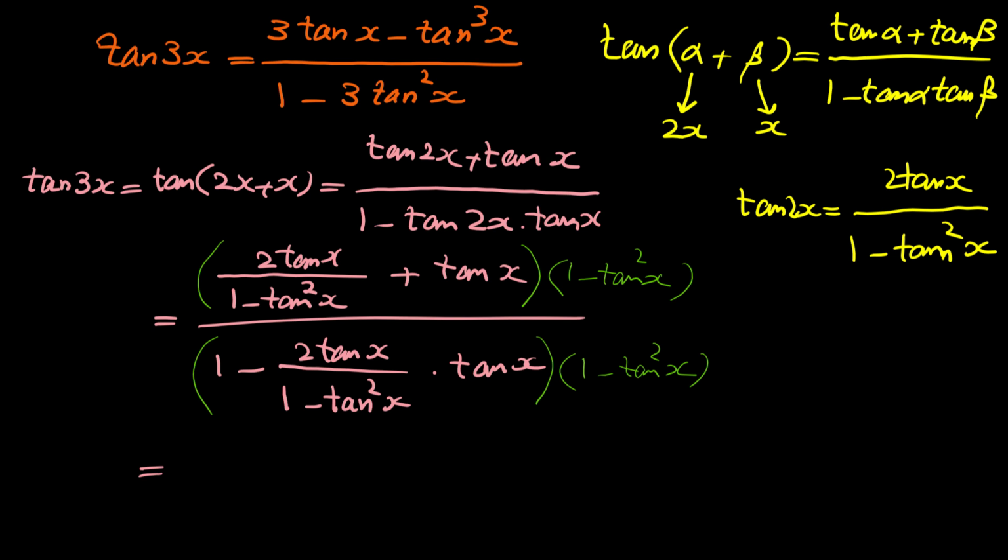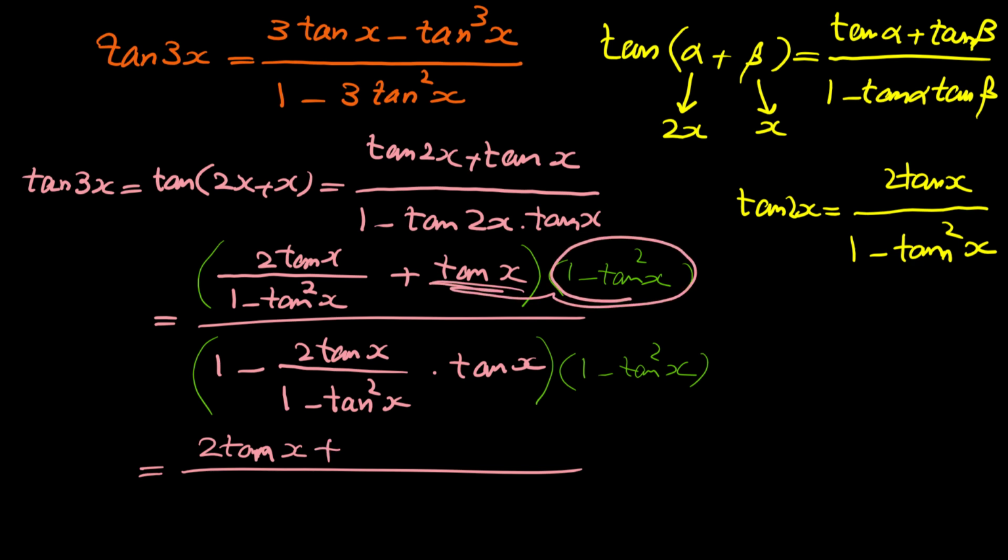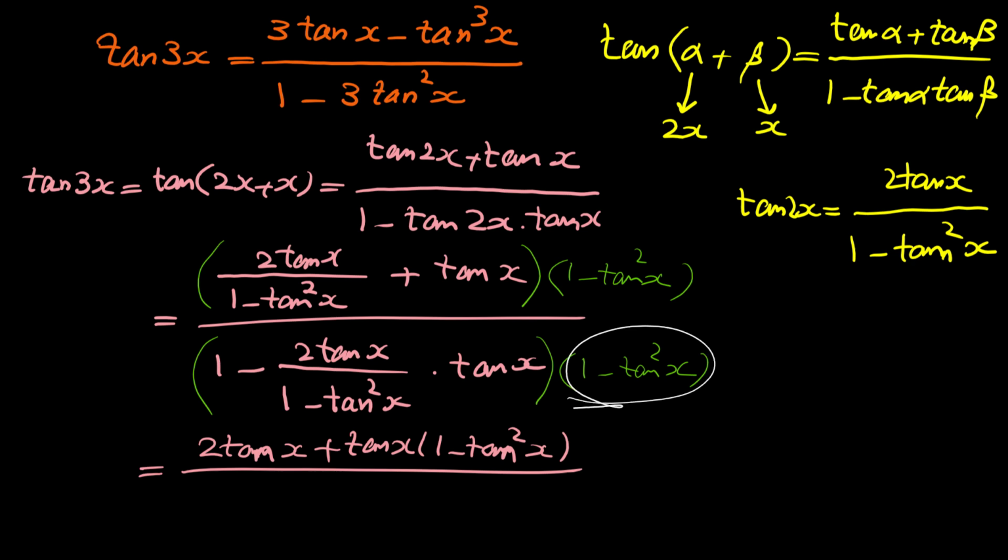So we have 2 tangent of x plus tangent x times by this bracket. So tangent x times by 1 minus tangent squared x. What about the denominator? For denominator, if we multiply this by 1, then we have only this term.